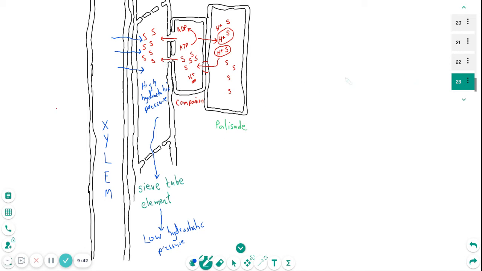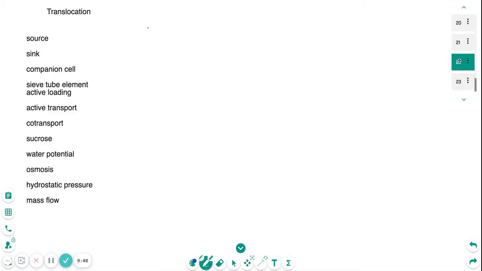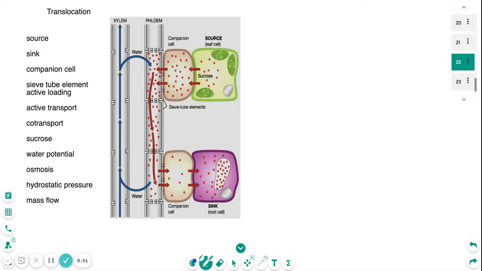Right. So why is there a low hydrostatic pressure down here? Well, I'll just show you this picture here. What's happening? You can see the sucrose is leaving the sieve tube element, or the phloem vessel, and it's entering another companion cell, where it's then transported into, could be the root hair cell, for example, which can use it for respiration.